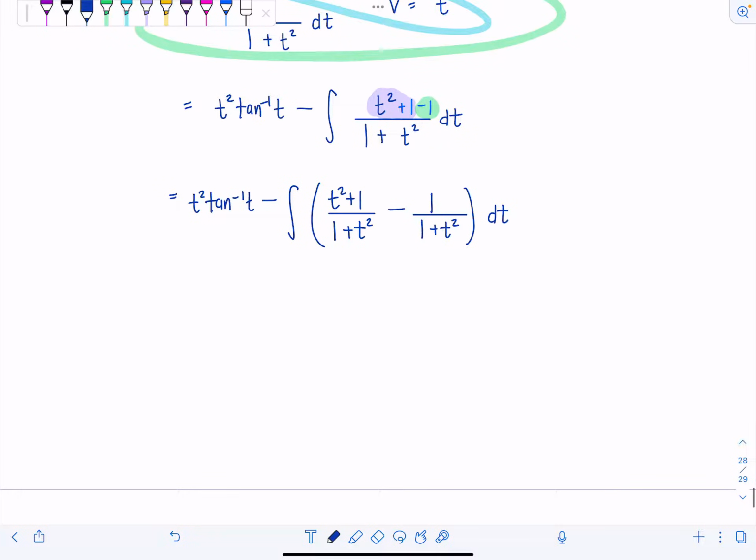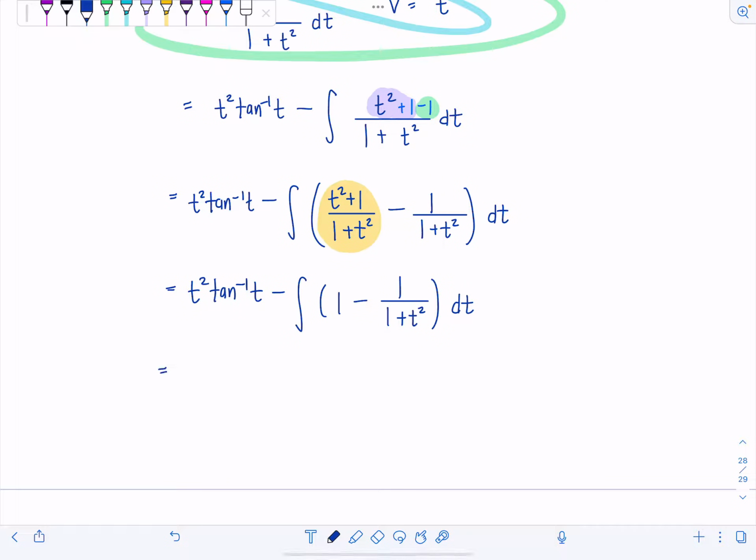Okay. And in so doing, now I can reduce that first term. Well, let me carefully rewrite this all. t squared tan inverse of t minus the integral. This is just 1, right? Oh, so lovely. 1 minus, and then leave that term alone, 1 over 1 plus t squared. You should recognize its antiderivative, dt.